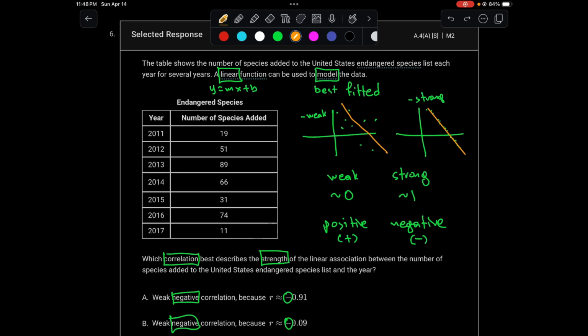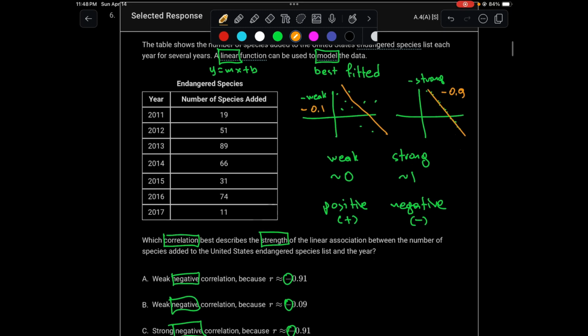It could be, for example, negative 0.9, like close to 1, and negative, so close to -1. Here the value for the weak could be maybe negative 0.1, for example.